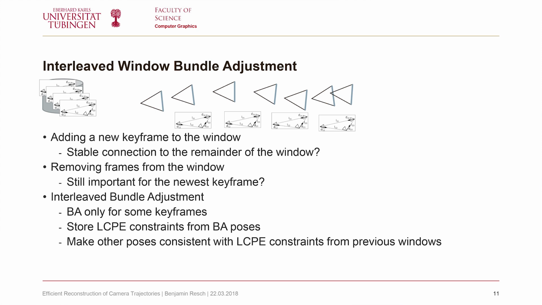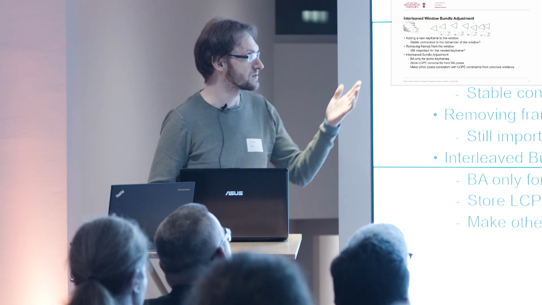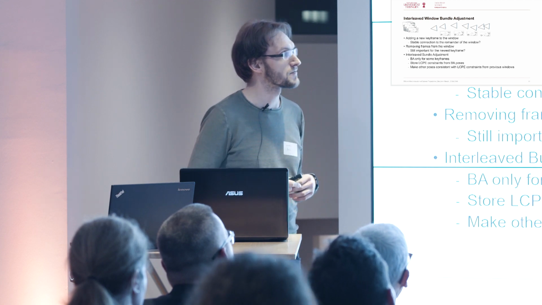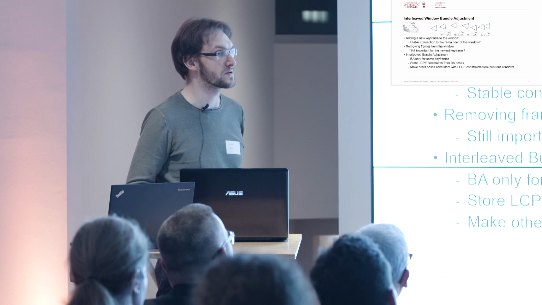And from previous windows, where other cameras were selected for bundle adjustment, we can recover those linear pose constraints and use them to realign the poses of the not optimized cameras and put them to the right position. That means we have just a fraction of the effort for bundle adjustment, but still have a consistent reconstruction of our camera trajectory.